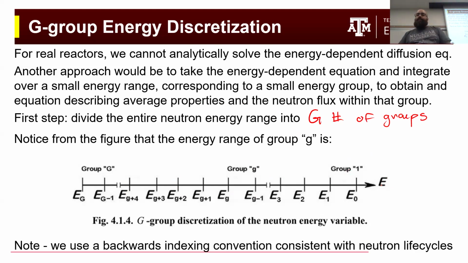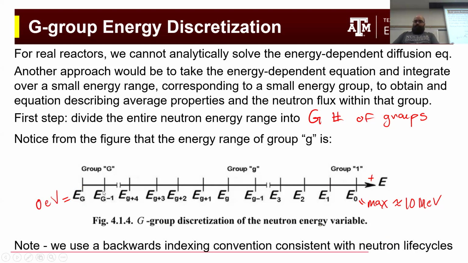This is the direction of increasing energy. E0 is going to be our maximum neutron energy, around 10 MeV is a pretty good cutoff. And all the way over here at E sub big G is our minimum energy, which is about 0.